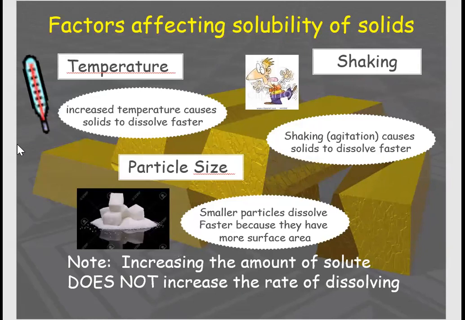Next we have shaking. Shaking or agitation causes solids to dissolve faster. And the last one is particle size. Smaller particles dissolve faster because they have more surface area. Take note that increasing the amount of solute does not increase the rate of dissolving.